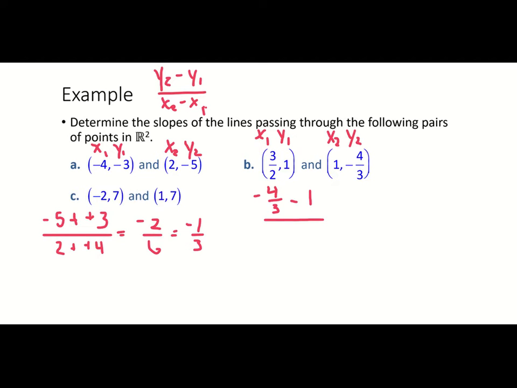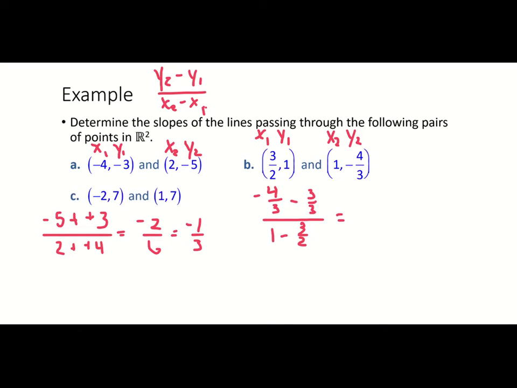over 1 minus 3/2. So again, to make life a little bit easier, I need to have common denominators. My 1's, instead of putting a 1 there, I'm going to convert it into a fraction. So I need a denominator of 3, so I'm going to use 3/3.